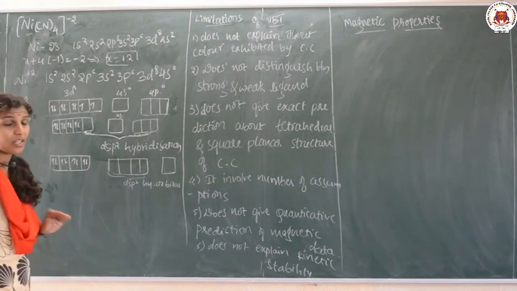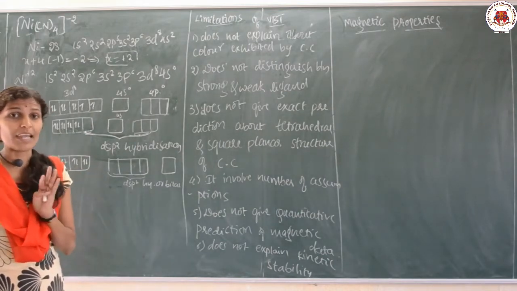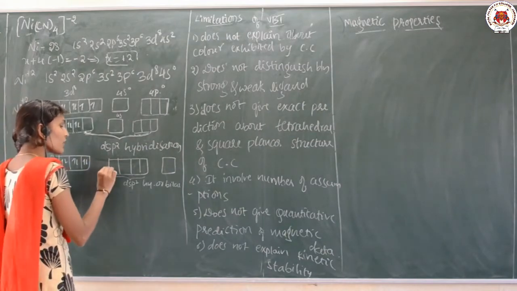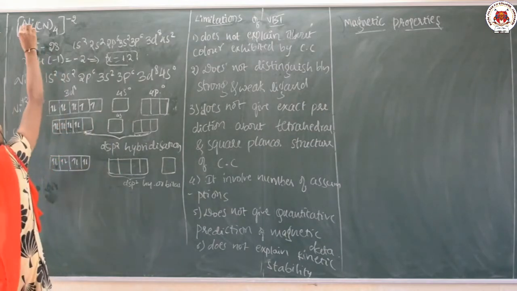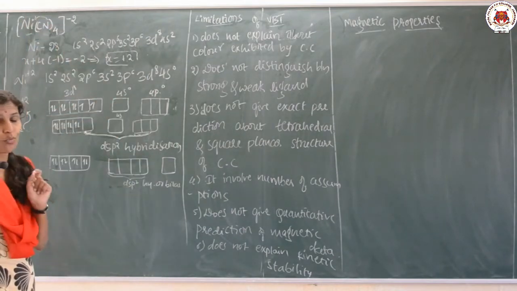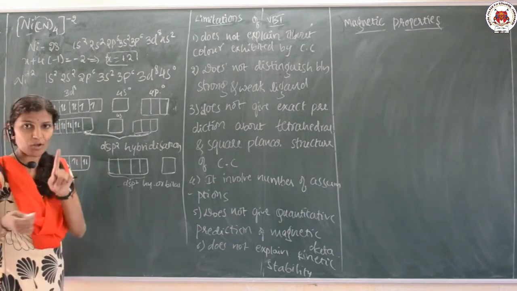Okay, and these dsp2 hybrid orbitals are occupied by the electron pairs donated by the ligand. The ligand donates the electron and makes the coordinate bond with the central metal atom nickel. Each CN can donate one pair of electrons.